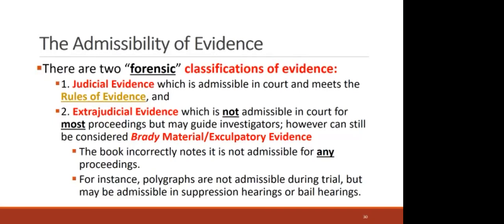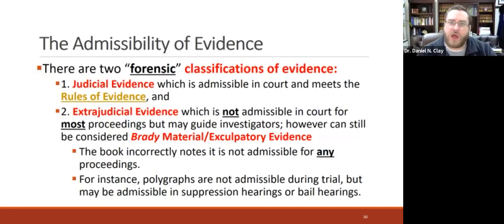Every criminal court proceeding, whether at the state level or the federal level, has rules of evidence. This link is to the federal rules of evidence: what evidence is admissible in federal court? Most states follow a similar pattern, following the federal rules of evidence, but they do have differences.